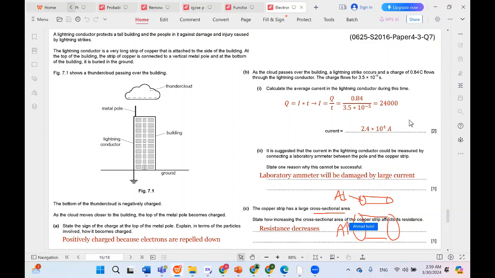If we have a big area, the resistance decreases because it's as if you have more space for the electrons to flow. So you have a smaller resistance. So this is just something to keep in mind. However, this will be discussed in greater detail in another video.